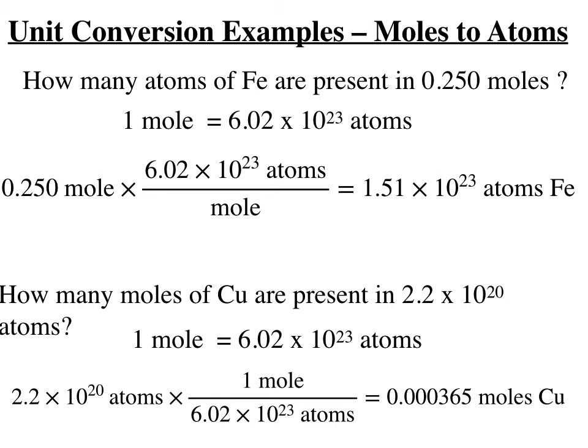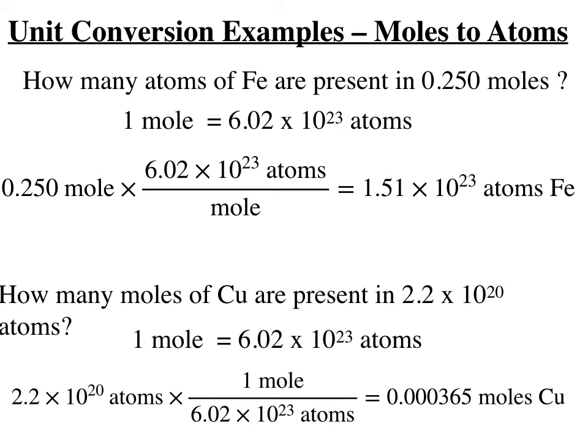Remember, as I talked about way back when we did dimensional analysis, when you enter this in, if you type into your calculator 2.2 times 10 to the 20 divided by 6.02 times 10 caret 23, your calculator does not understand what you are doing there unless you group the entire 6.02 times 10 to the 23rd in parentheses. That is the only way to ensure you will be dividing the numbers together.